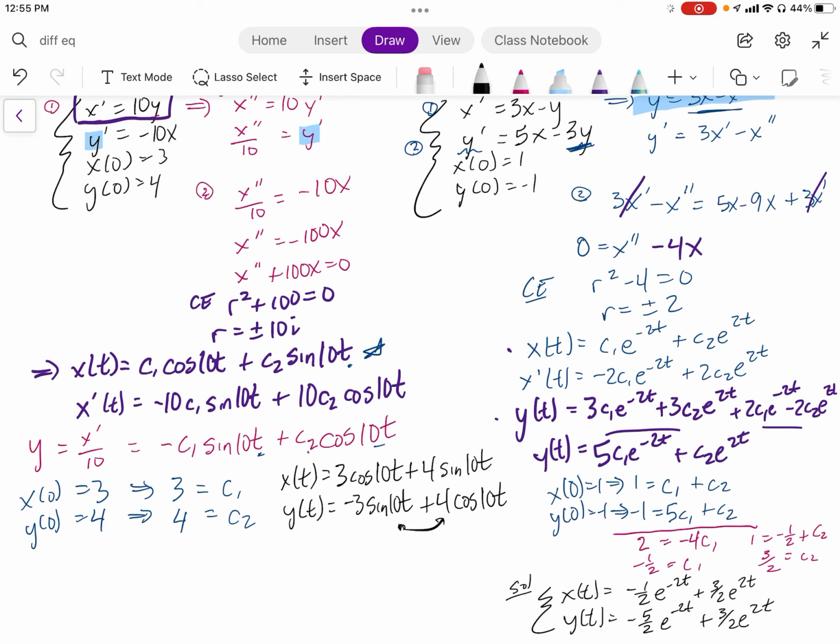Okay, that's the particular solution to that system of differential equations given the initial conditions.